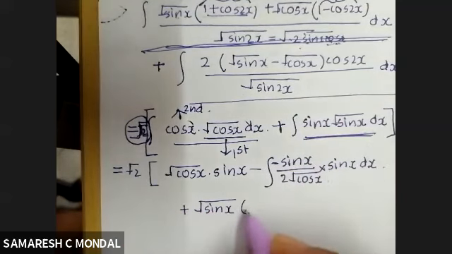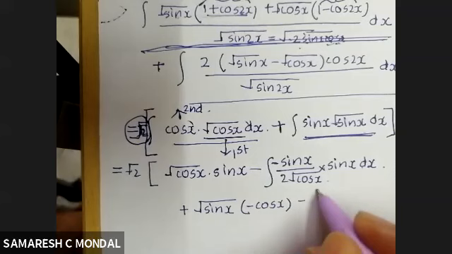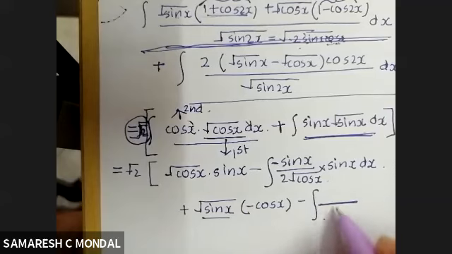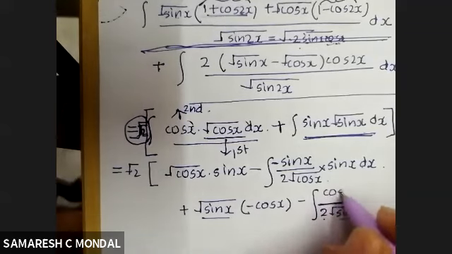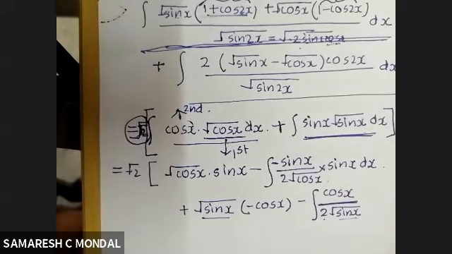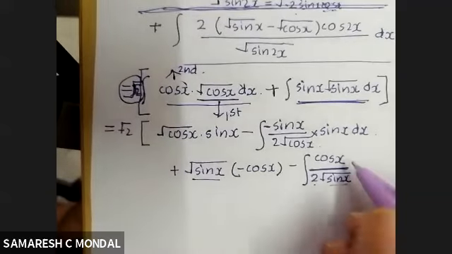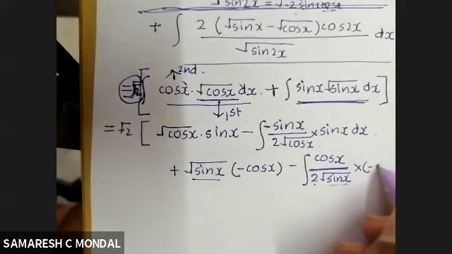Integration of sin x is how much? Minus cos x, minus integration. Differentiation of root x is 1 by 2 root x, so root sin x will be 1 by 2 times root sin x, and function of function will be this cos x. Okay, so you get this, and this is minus cos x.